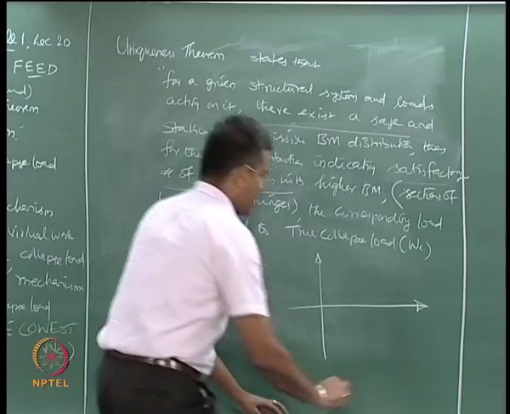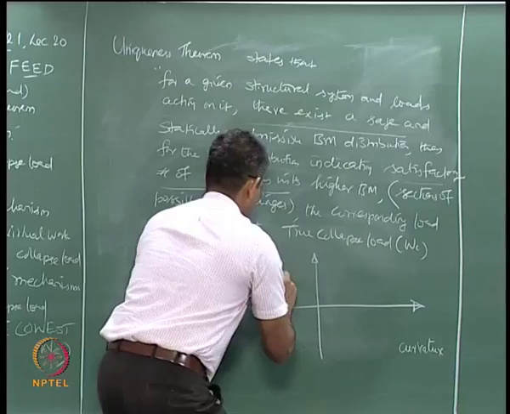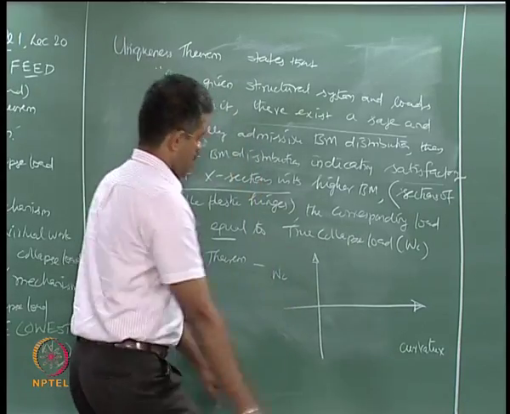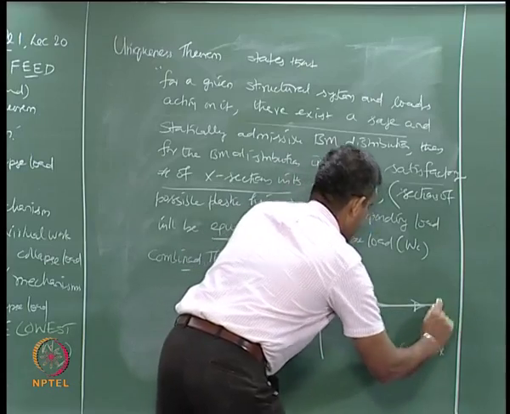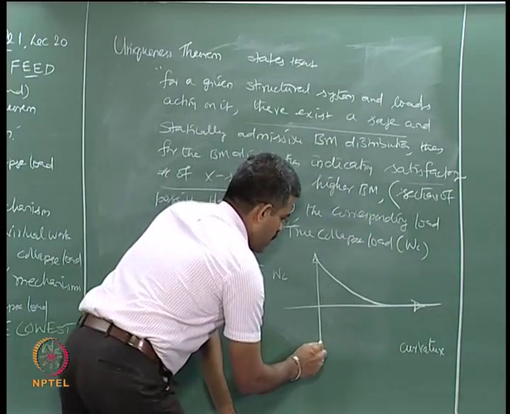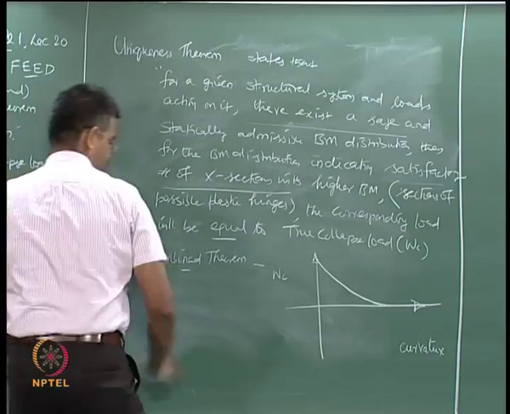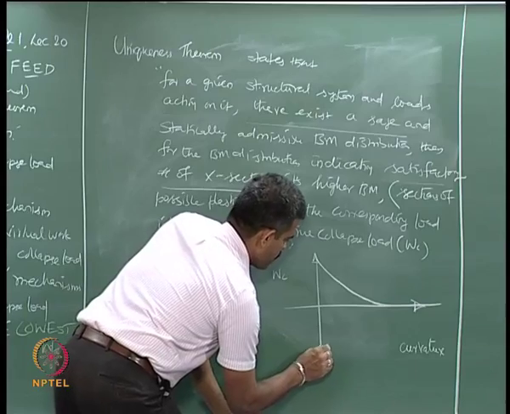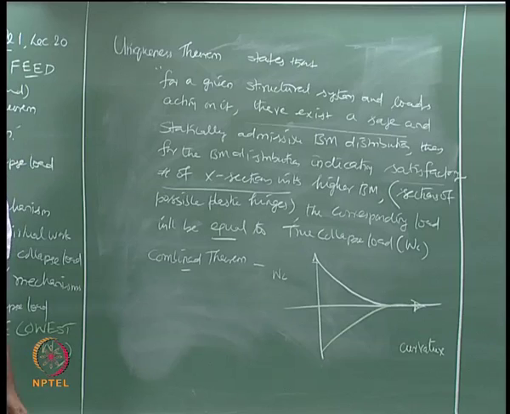If we talk about curvature and WC, WC will keep on dipping and the curvature will keep on increasing, and in another case WC will keep on increasing. So, one is upper bound and the other is lower bound, or one is kinematic, the other is static. Can you tell me which is kinematic, white or green, and why?